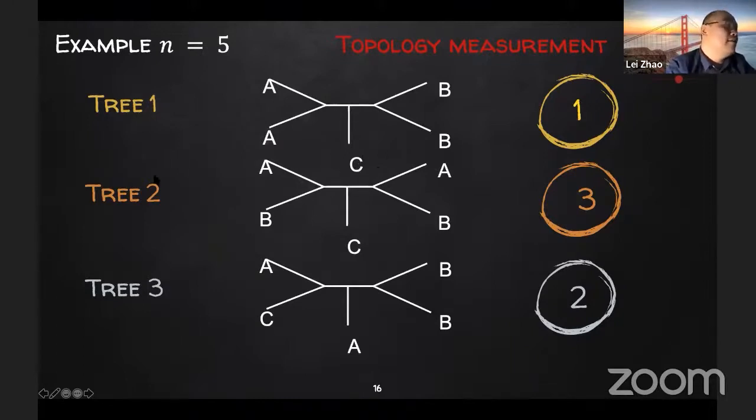And if you see tree 2, you will say it is the worst one, because it cannot distinguish A and B, and also C is in the middle of A and B. And tree 3 is in the middle, because it can distinguish B, but it cannot distinguish A and C. So we want to introduce a measurement to tell you that the first one is the best one and the second one is the worst one.